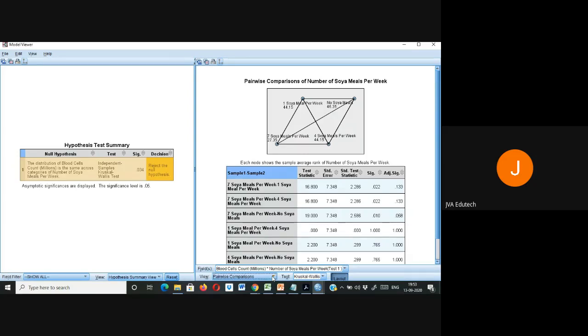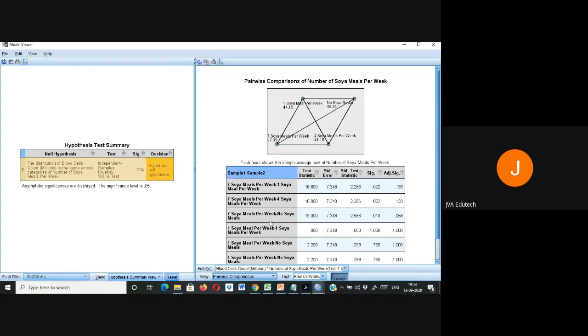Now after doing paired comparison with the adjusted p values, you can see there was no significant difference between blood cells count when people eat 7 soya meals per week compared to 4 per week. If people eat one meal or no meals, there was also no significant difference in blood cells count between those eating 4 soya meals per week and those eating one meal and no meals.